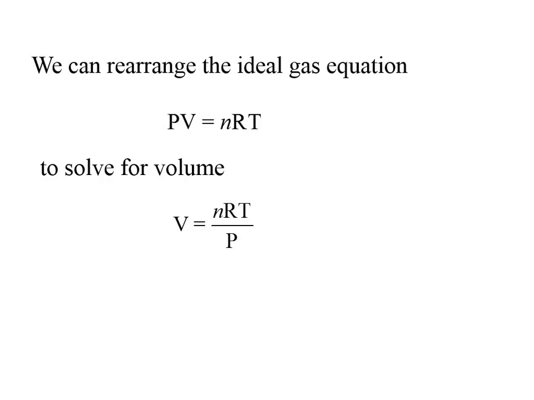The ones that you're going to do for your homework and probably the one on the test, you probably won't have to mess with millimeters of mercury going to atmospheres. So this is isolating for volume because that's what we're after. PV equals nRT, or V is equal to nRT over P.